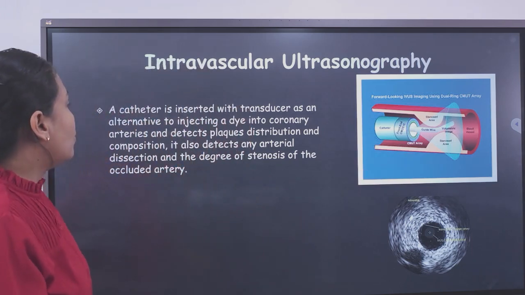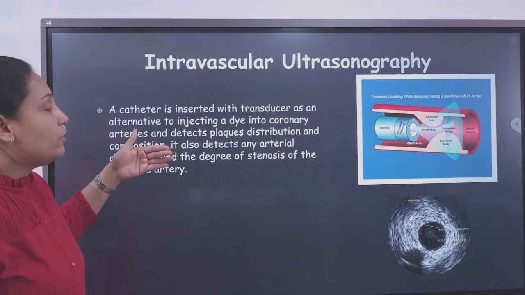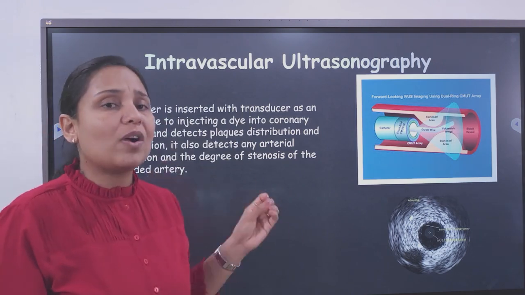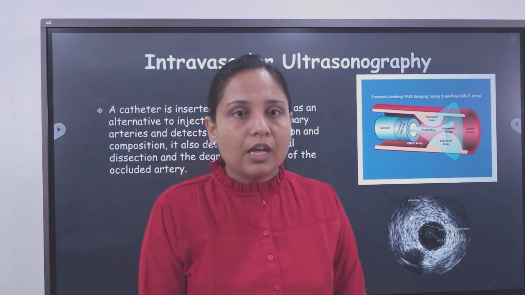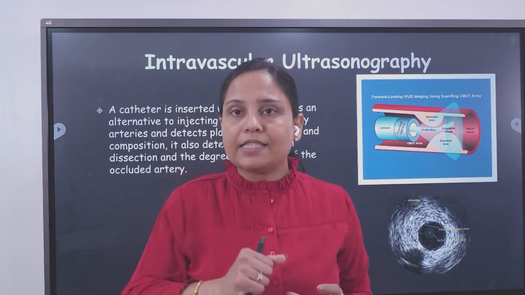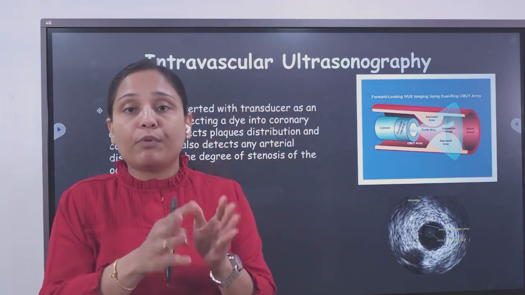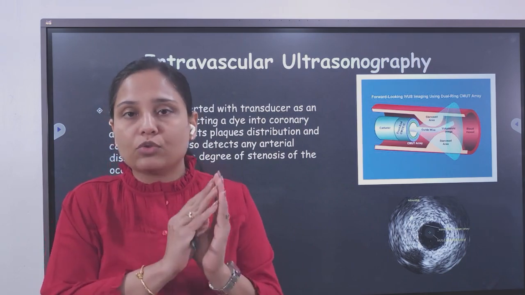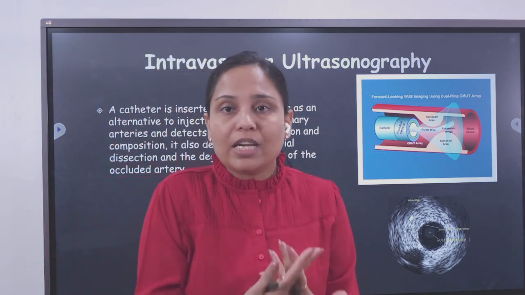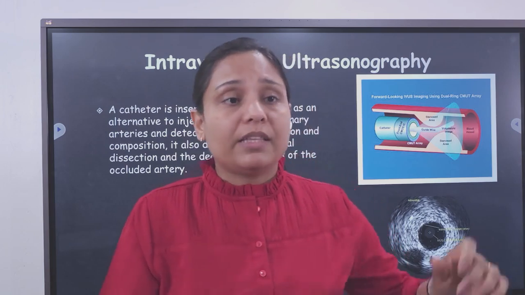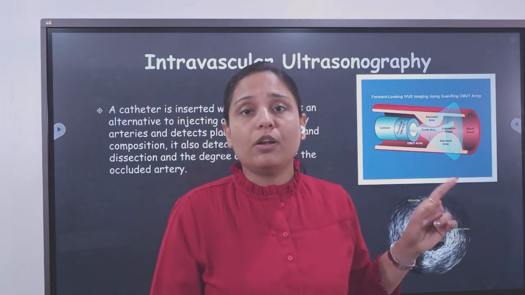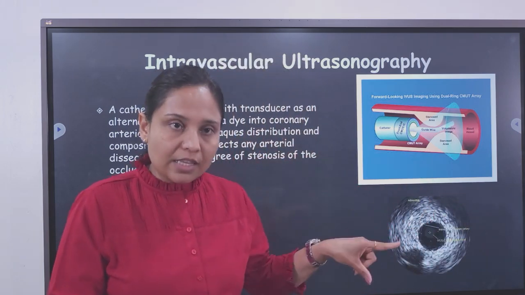Okay. So it is an alternative to injecting dye. That means someone who has very bad kidney function, BUN is elevated, creatinine is elevated, but we have to perform something. We have to check what is going on in the blood vessels, but without dye, it's not possible. But this is the test. If patient is not able to tolerate the dye, we can insert the catheter.